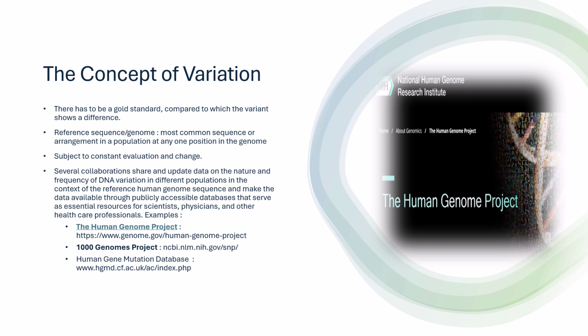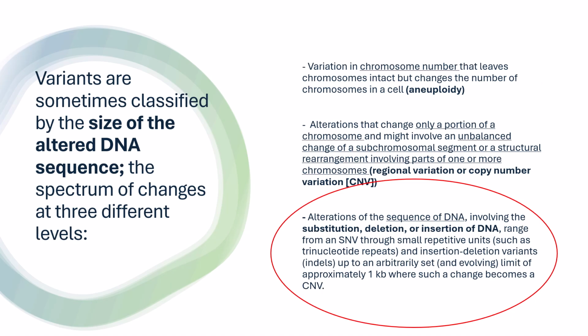However, there are several international collaborations that made their data publicly accessible, defining the reference or gold standard sequence. Examples of these collaborations are the Human Genome Project, the 1000 Genomes Project, or the Human Gene Mutation Database.